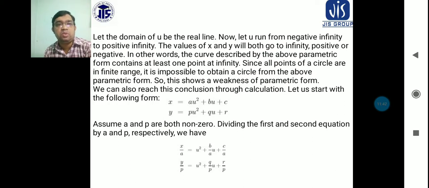Dividing the first and second equations by a and p, we get x/a equals u square plus (b/a)u plus c/a, and y/p equals u square plus (q/p)u plus r/p. Basically this comes from the parabolic formation.